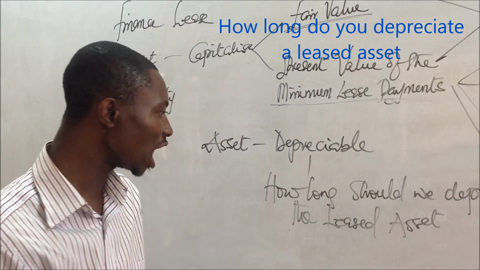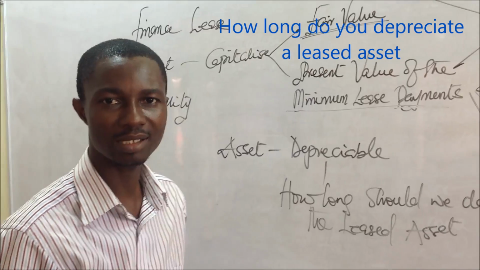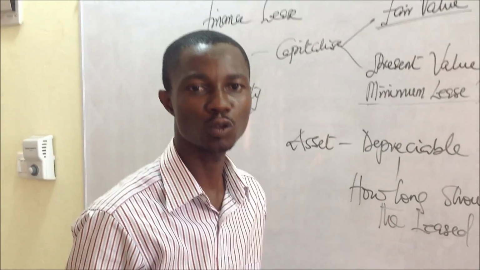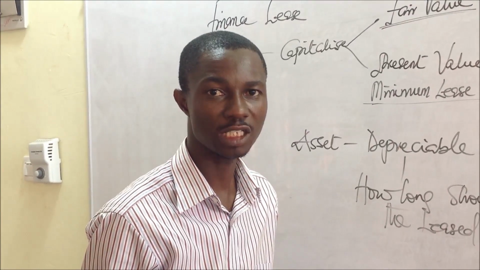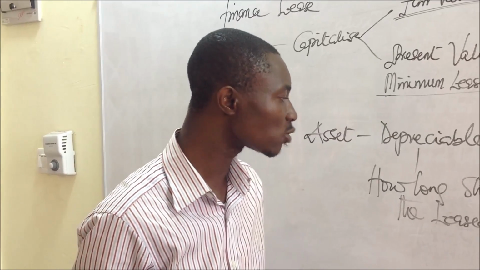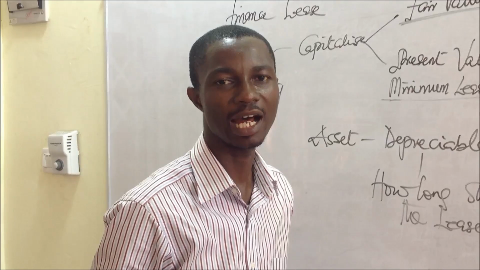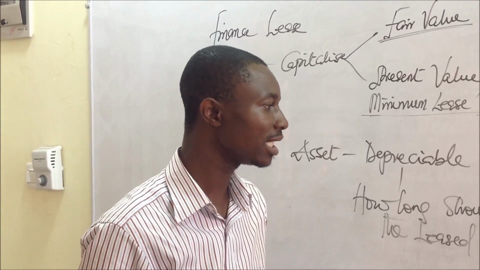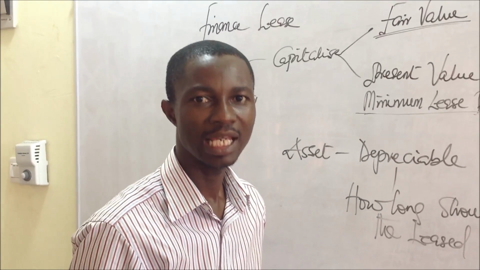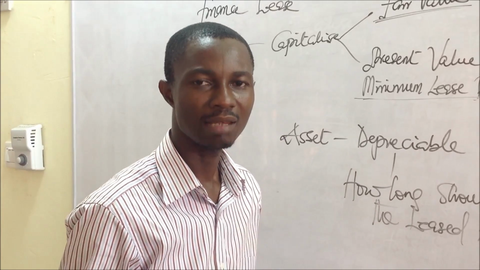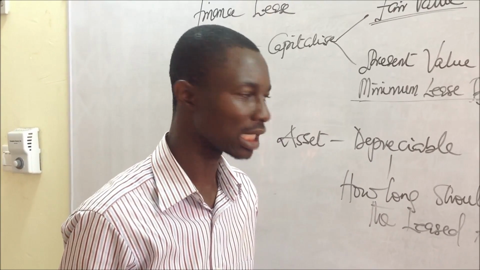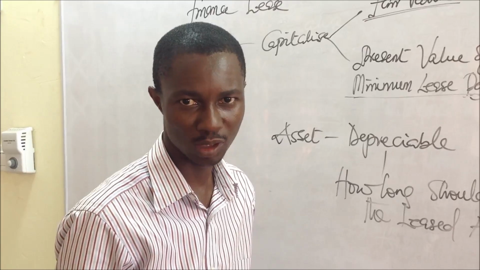The answer to how long we will depreciate this asset also depends on two situations. The first thing we have to ask ourselves is, what is the intention of the lessee? Does the lessee intend to own the asset? Is there reasonable certainty that at the end of the lease period, the lessee is going to have ownership of the asset?